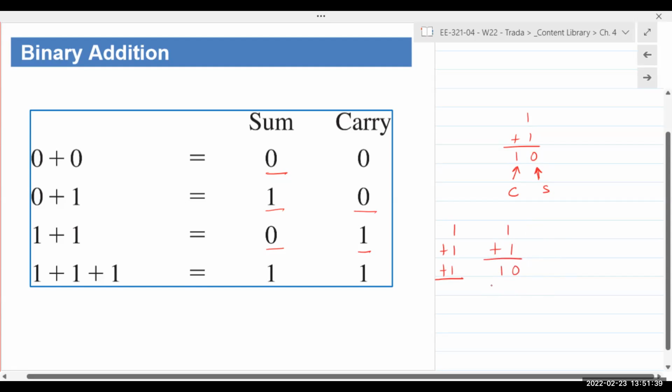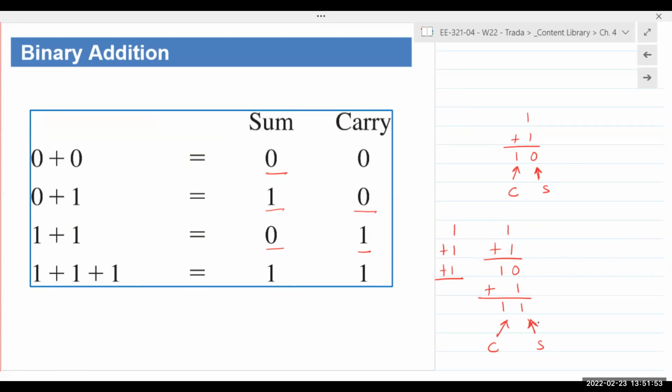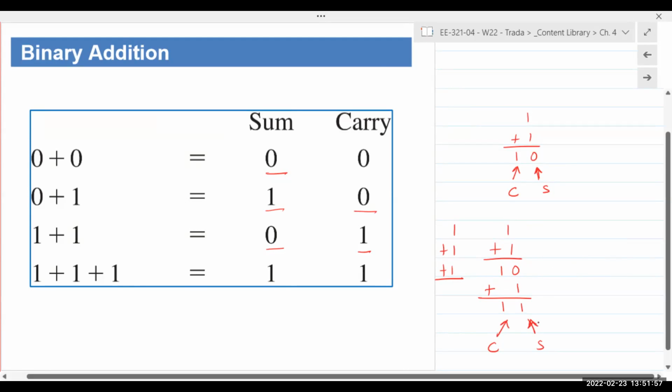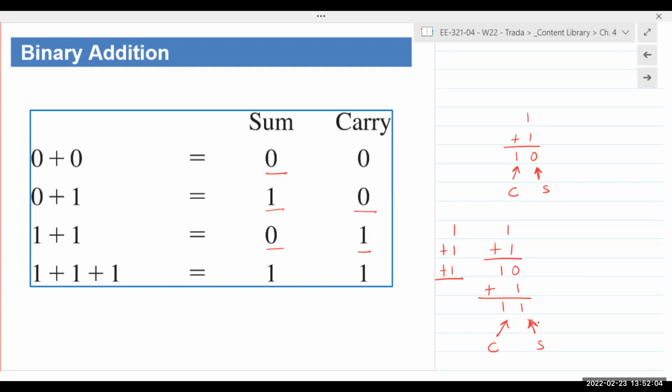And then you add another 1 to it. You get 1, 1. So this is now your sum, and this is your carry. And that's how you arrive at these rules of addition. You can keep on adding more and more digits, and you can keep going down the line. But these are the basic rules of binary addition.